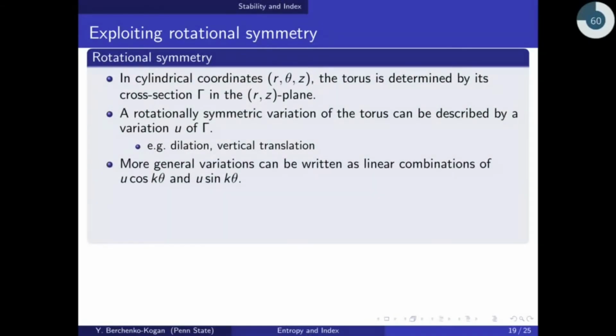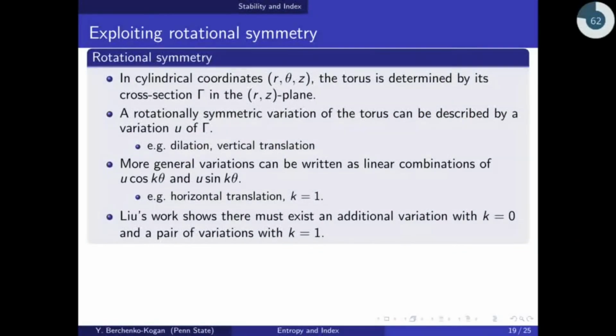But we can actually do a Fourier decomposition, so we can have more general variations that are not rotationally symmetric, and we can write them still as variations of the cross-section multiplied by a sinusoid. And so horizontal translation is an example of this. Horizontal translation is not a rotationally symmetric variation, but it can be written as u cosine theta or u sine theta.